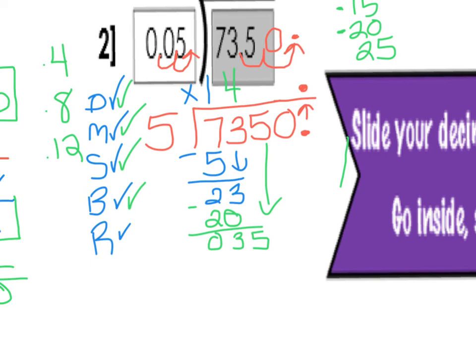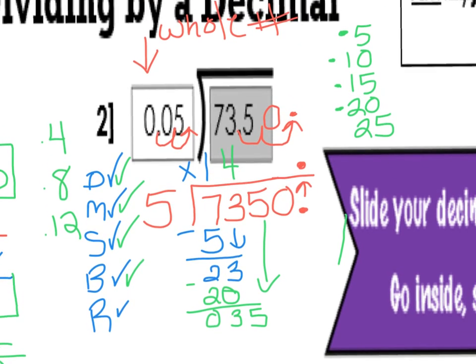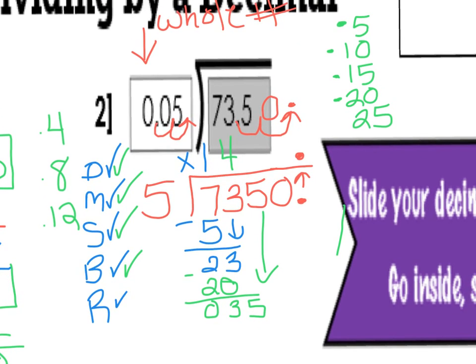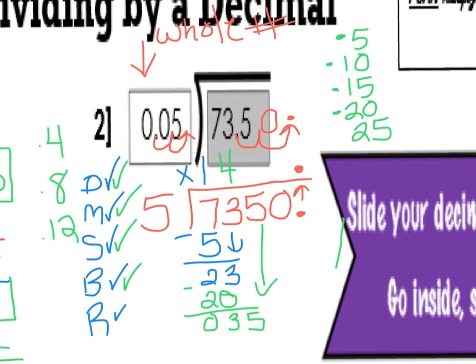So I'm going to now divide how many 5s are in 35. So let's skip count. We had 5, 10, 15, 20, 25, 30, and then 35. Okay, how many skip counts? We got 1, 2, 3, 4, 5, 6, 7.